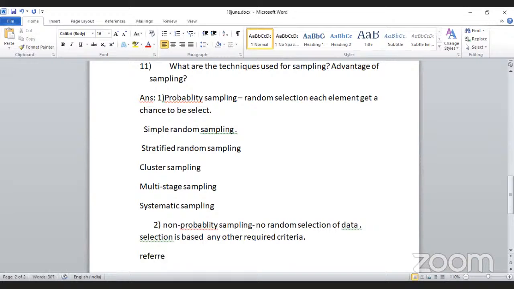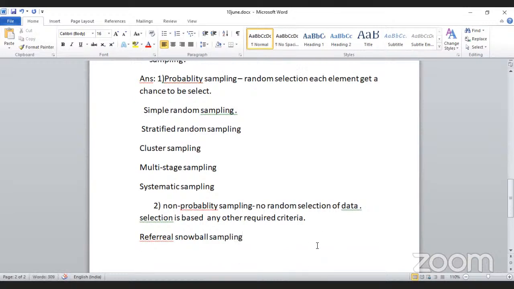There are referral, or snowball sampling, and another one is convenience sampling.